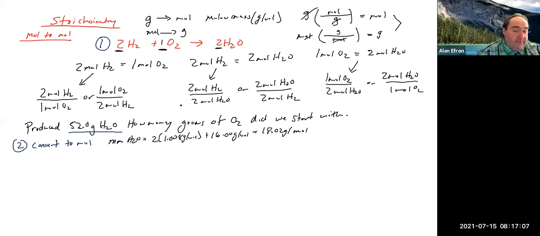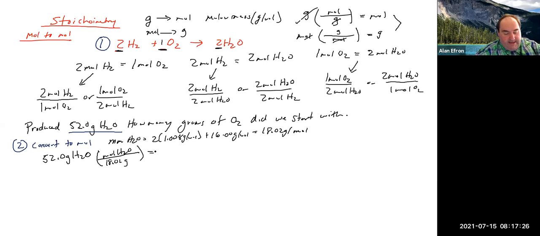And again, this is where we would be using our conversion factor. So we would start with our 52.0 grams of H2O. Again, just doing a simple conversion of grams to moles using the molar mass.